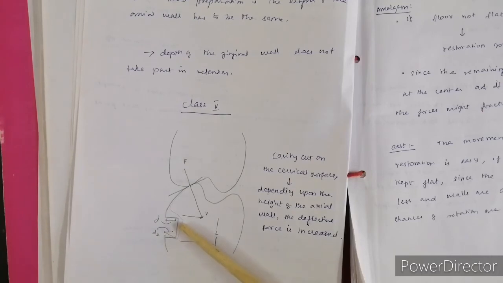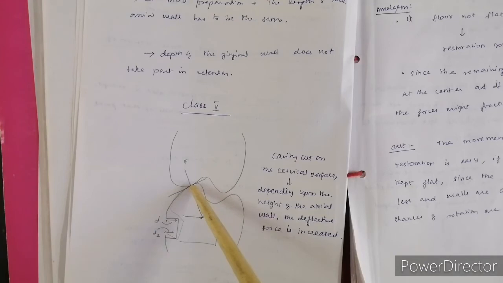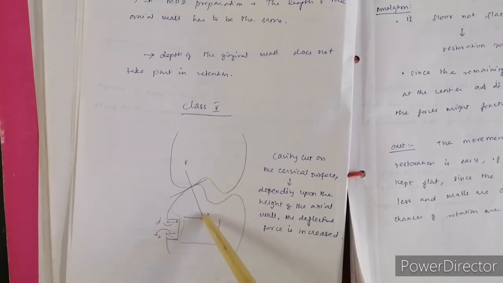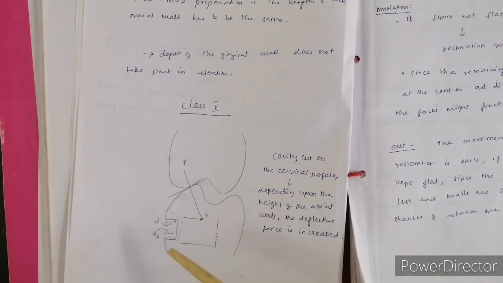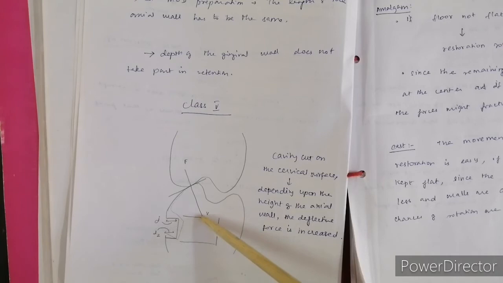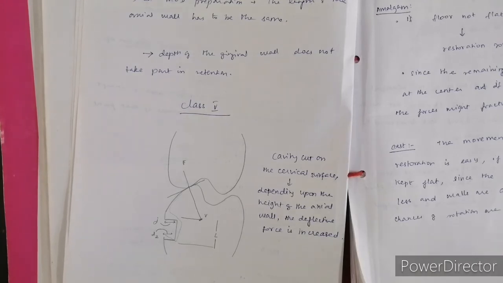Let us consider this is the force and this is a vertical force V, and this is the horizontal force that is developed. There is an important relationship between the horizontal force developed and the height of the axial wall. So the height of the axial wall plays an important role in the retention of the restoration in a class 5 cavity preparation.